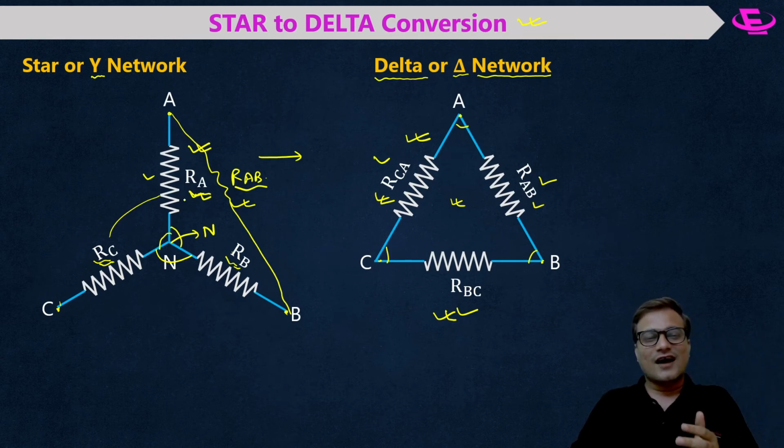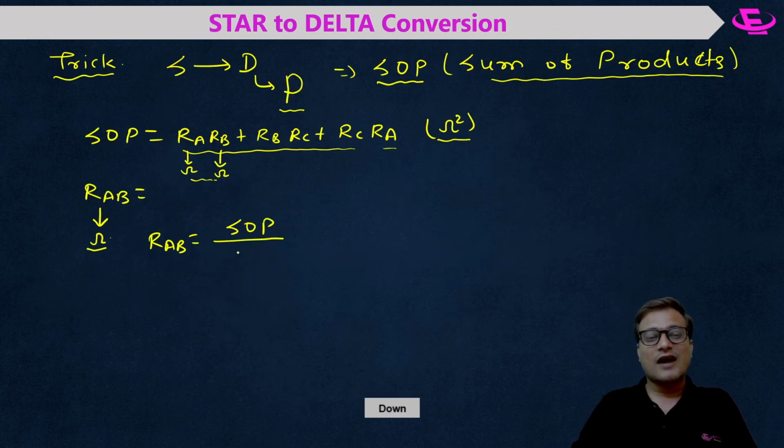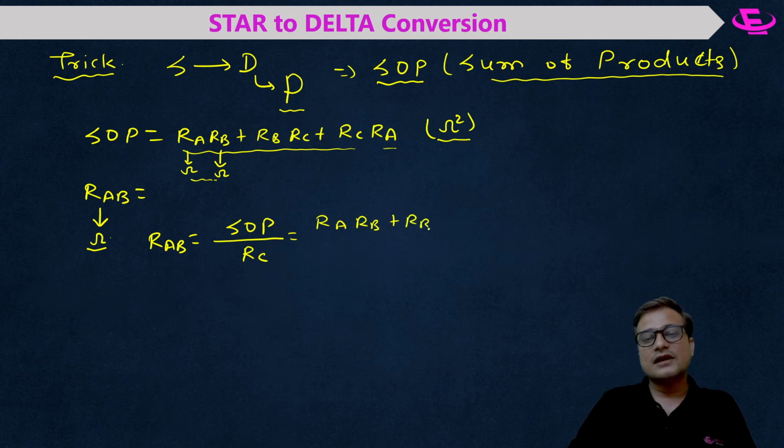So RA and RB are the relatives of RAB. Who is the third person? The third person is RC. So here you will divide by RC. So from here you will write RA into RB plus RB into RC plus RC into RA divided by RC.